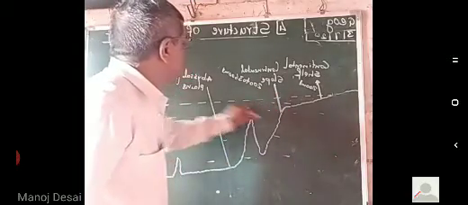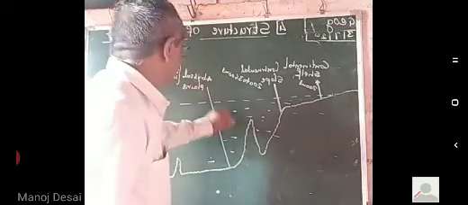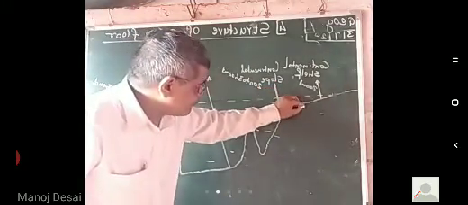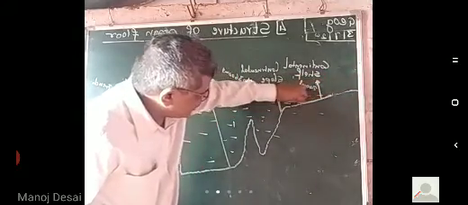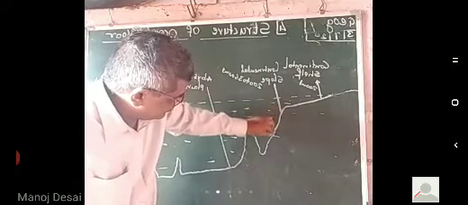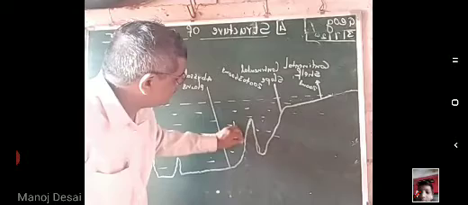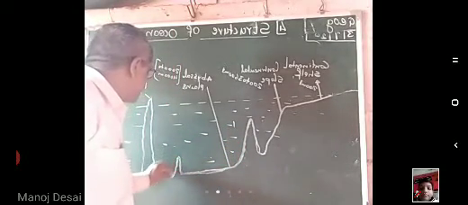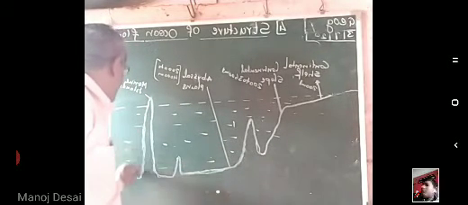This is the sea floor, whatever drawing I am making now. This is the depth of the sea. In this way, there are different types of structure.